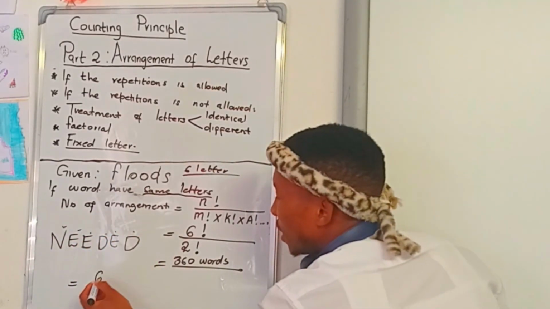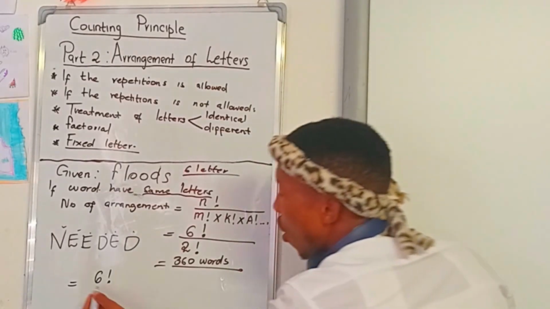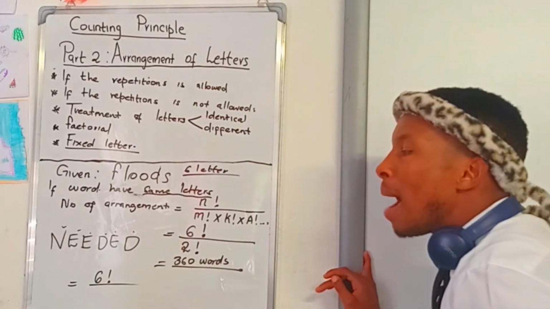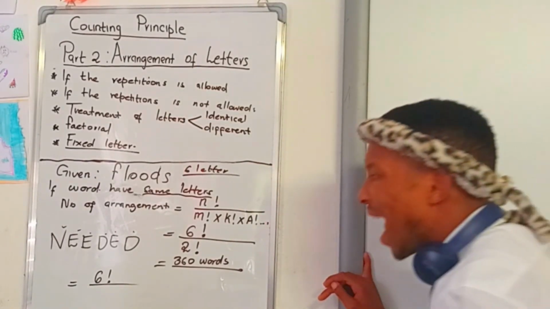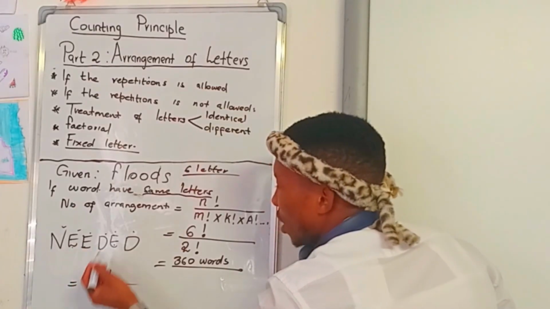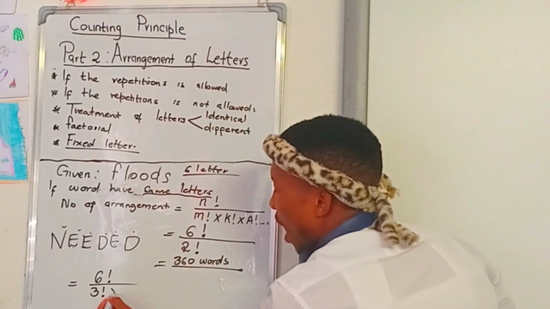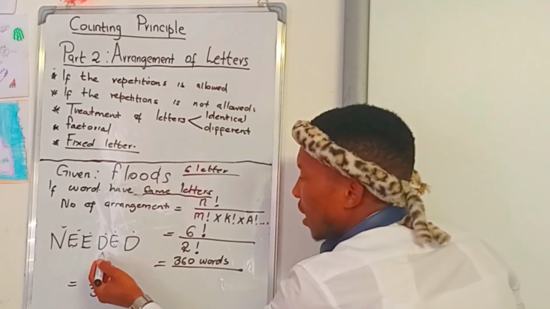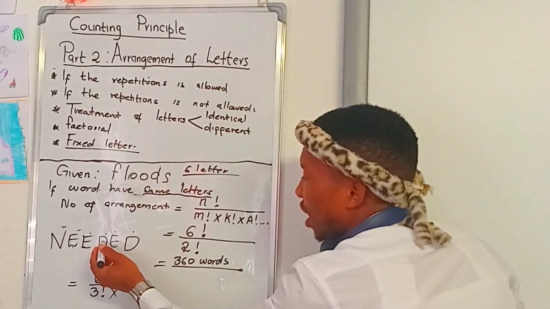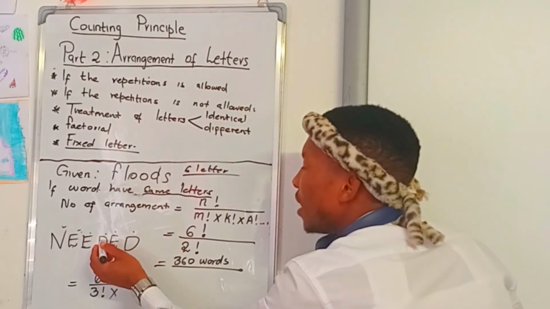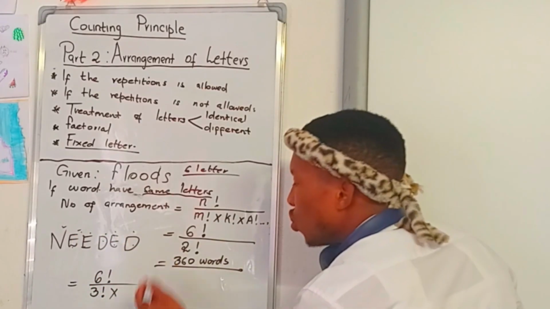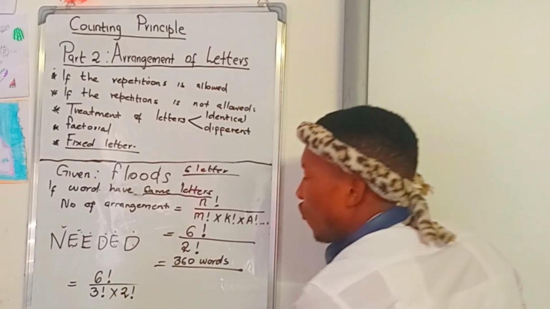We have 6 letters over the number of letters that are repeated. We have E repeated 3 times, so 3 factorial, times D, which is repeated 2 times, so we have 2 factorial.